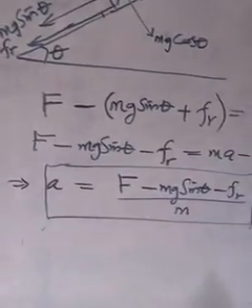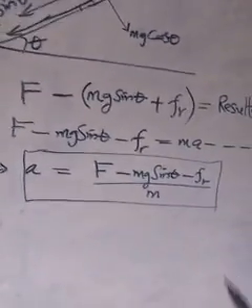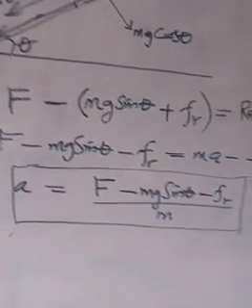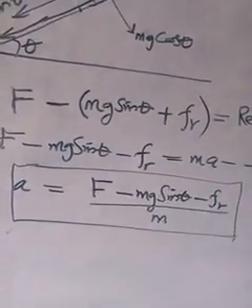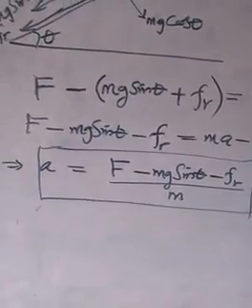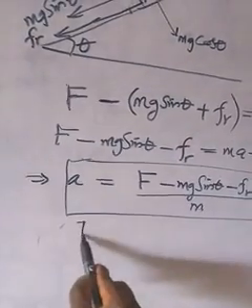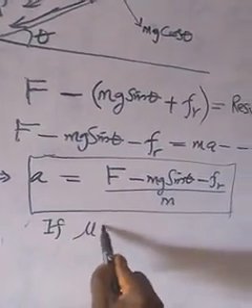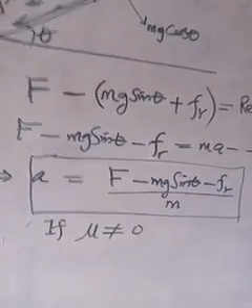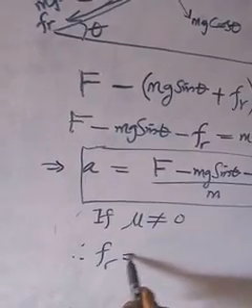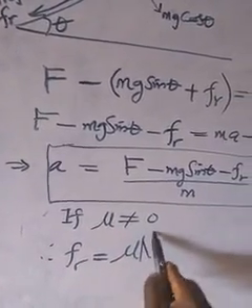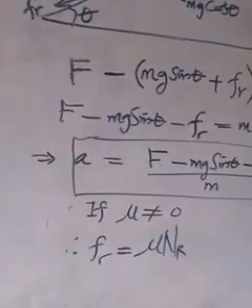So this is the acceleration of that body, where F is the applied force, this is the frictional force, and this is the mass of the body. If the coefficient of static friction is not equal to 0, we have that the frictional force is equal to the coefficient of static friction times the normal reaction.